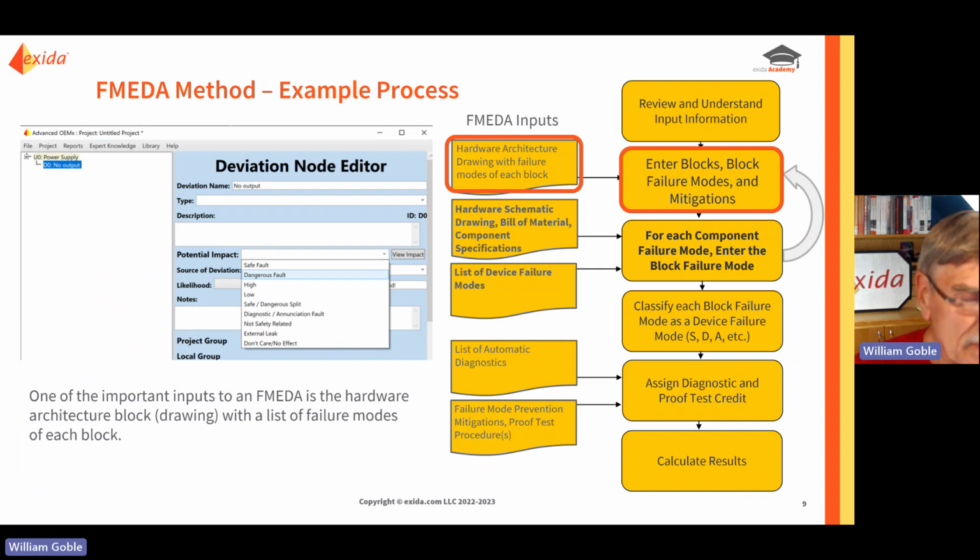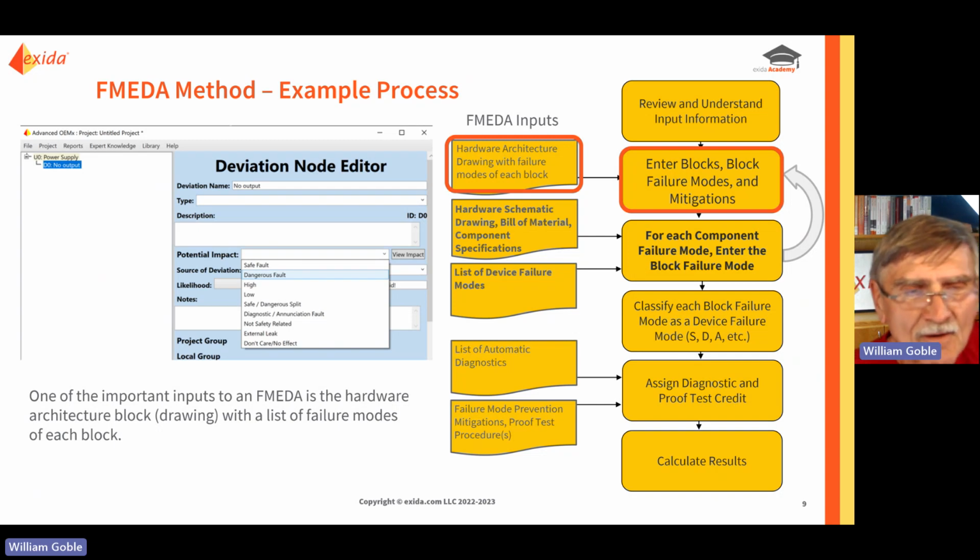One of the inputs you need to do a good functional FMEDA is a hardware architecture drawing with failure mode descriptions of each block. Given a block and a failure mode, you classify that according to the functional safety failure modes: safe, dangerous, annunciation, no effect, not safety related, the functional safety normal failure mode categories.